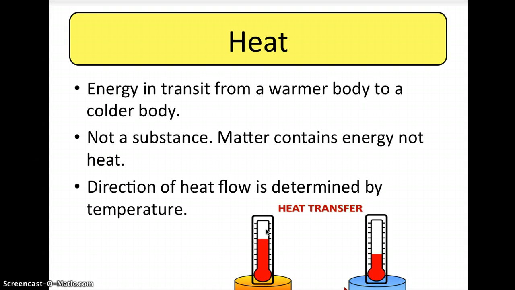Okay, so again, let's think of heat as in transit from a warmer body to a colder body, not a substance. Matter contains energy, not heat. Heat is the result of the collisions of molecules in an object. The direction of heat flow is determined by temperature, and our understanding is that we're always going to see heat transferred from a warmer object to a cooler object.